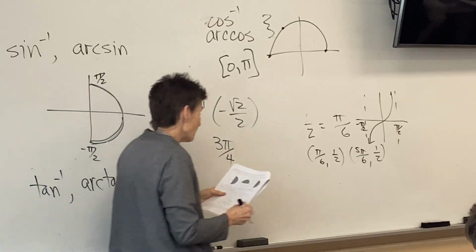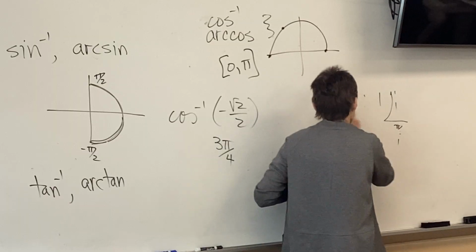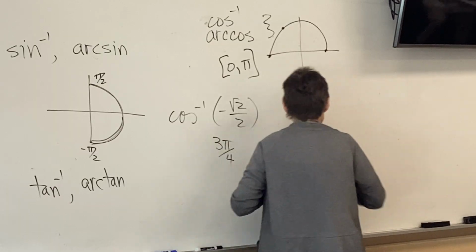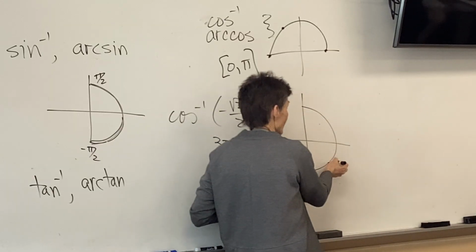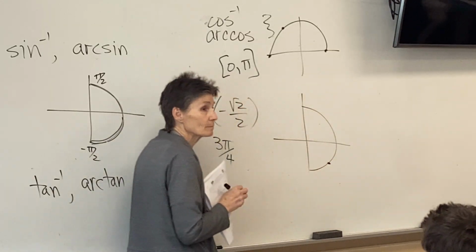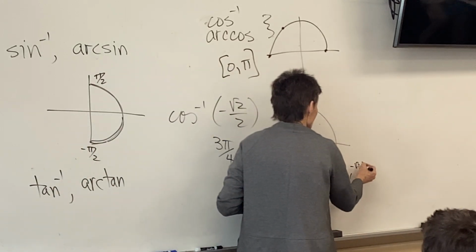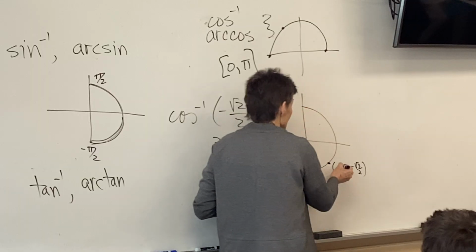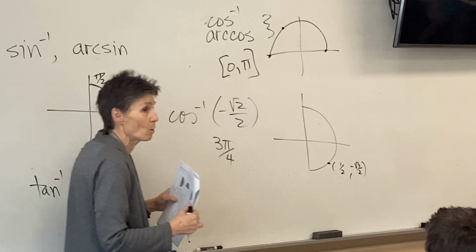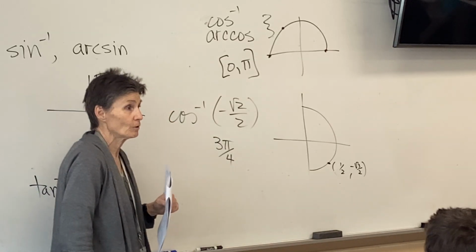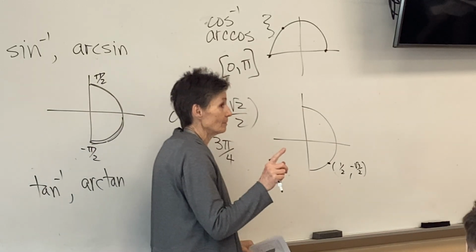All right, how about B? The angle whose sine, so this is an inverse sine, so I'm looking over here, and it's negative, so I'm looking down here. Sine is the y. So what size angle is that? It's not a pi over 4. That is a pi over 3. So be careful.